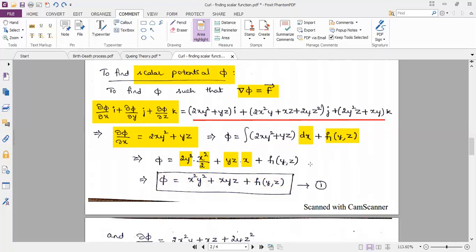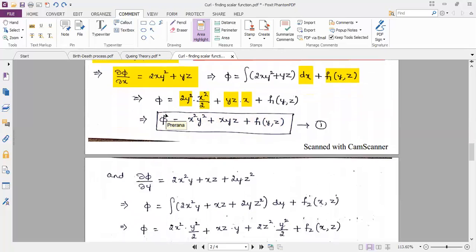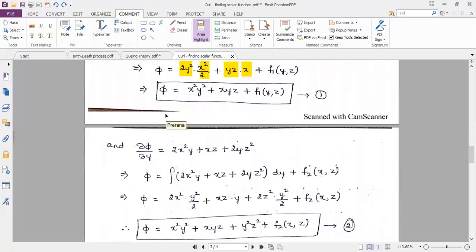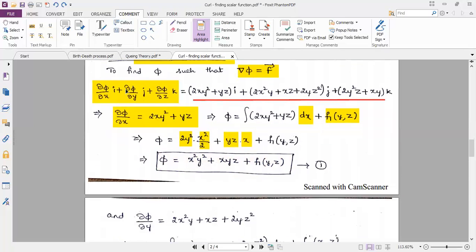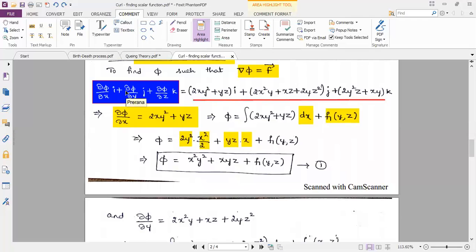We have two more similar terms from the j component and the k component, from which by integrating we will be able to get two more expressions for phi. So let us consider dou phi by dou y, equating the jth component, which is equal to 2x square y plus xz plus 2yz square.